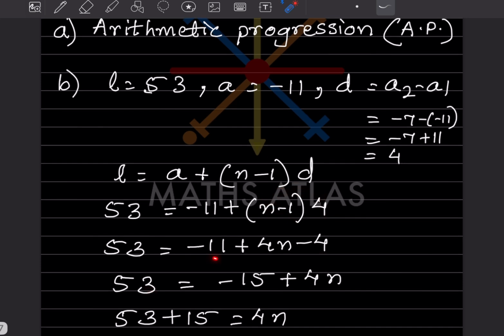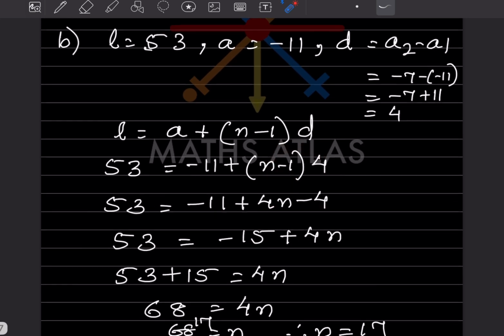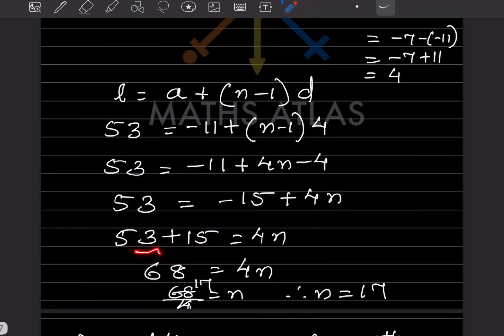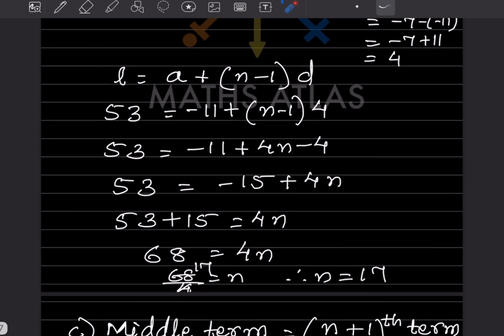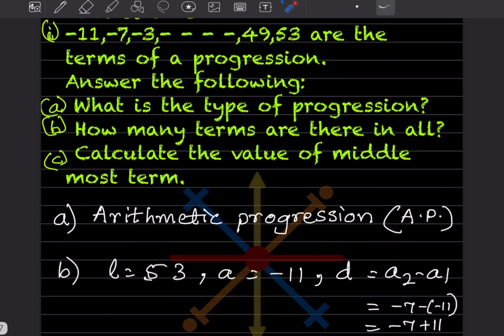So 53 is minus 11 minus 4, which is minus 15, plus 4n. So 53 plus 15, that is 68, is equal to 4n. This is going to get divided, so n is 17. So we have 17 terms in all.